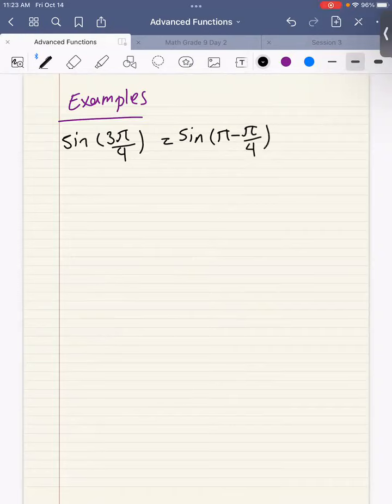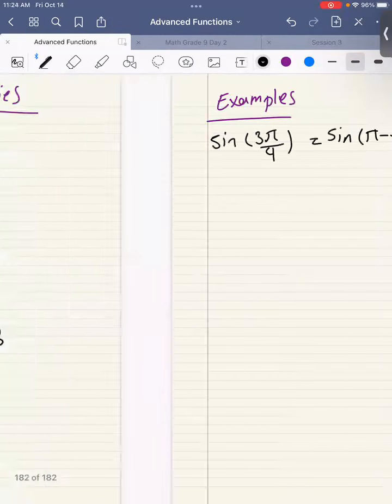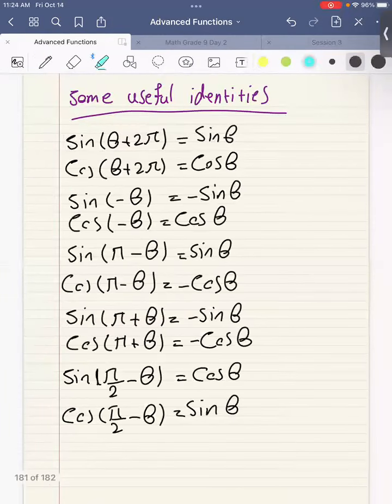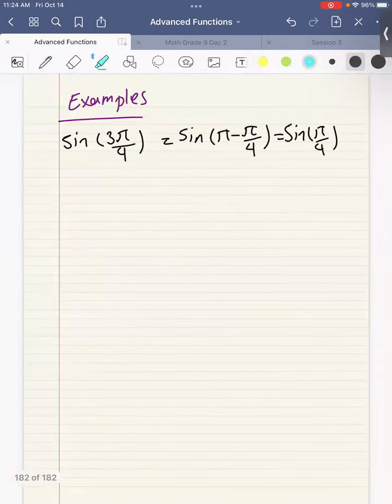So sine of pi minus pi over 4 is just equal to sine of pi over 4, according to this identity: sine of pi minus theta is equal to sine of theta. So this is equal to sine of pi over 4, which is equal to root 2 over 2.